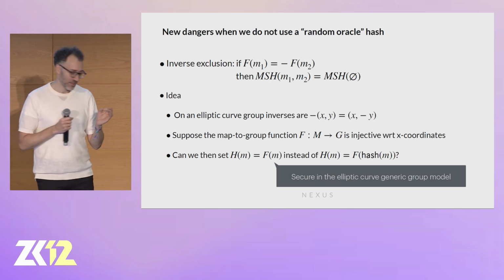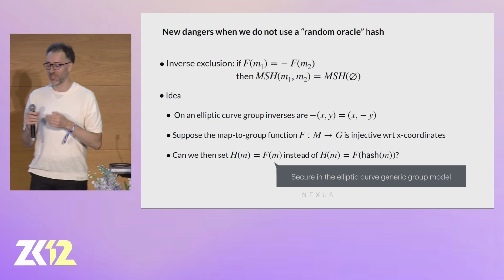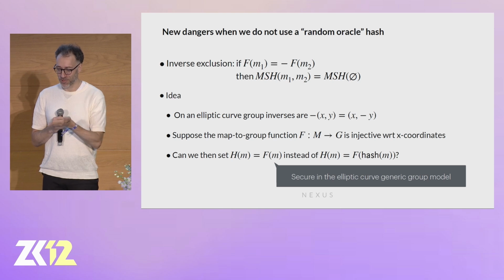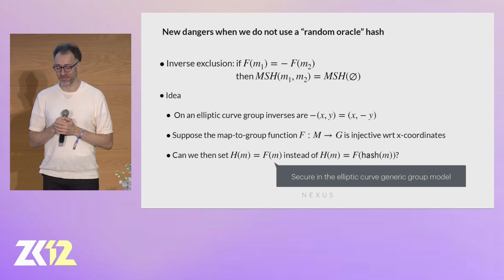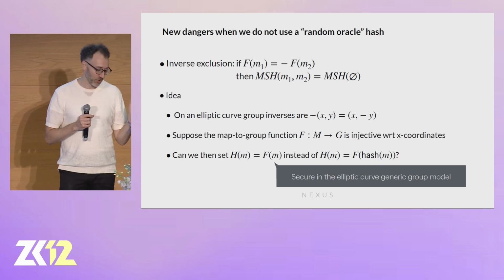If you can find that, then you can also find a non-empty set that maps to the same multiset hash as the empty set, because the multiset hash of M1 and M2 would just cancel out, and you would get 0. So we need to be careful about that.